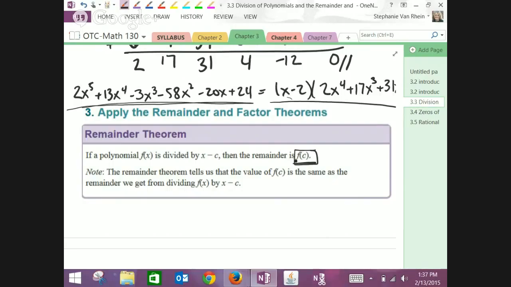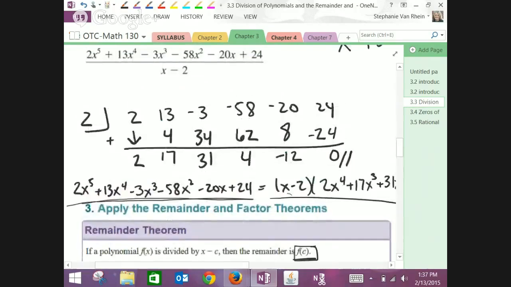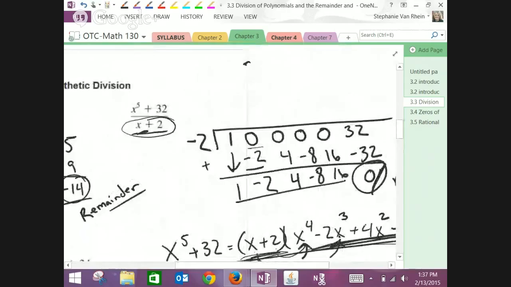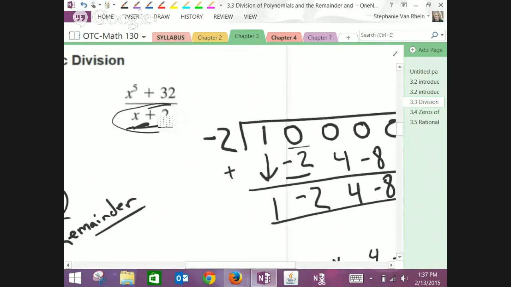You guys see that? Another way to verify this is you can plug it in. Do you plug it into the whole thing divided by, or just the original function? Not the divided by part. So you see this function here, my c value is minus 2, right?